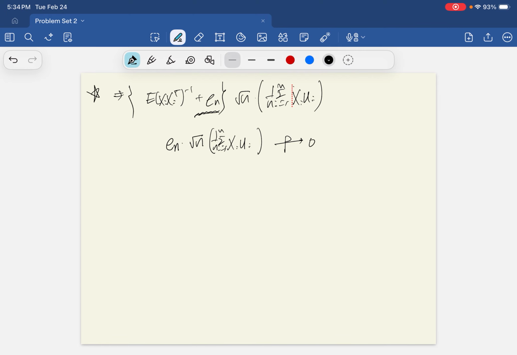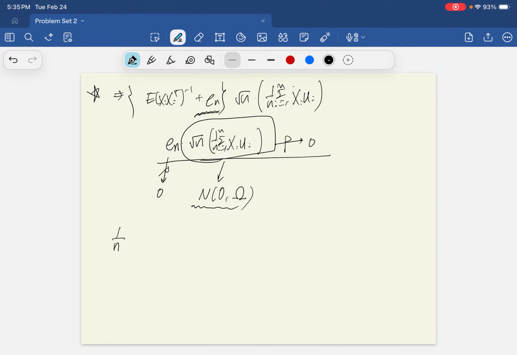That is true, because this much does not diverge. We know it goes to 0, and we know it is going to a normal distribution. If it diverged, for example, we know 1 over n converges to 0, but when you multiply 1 over n by, say, n squared, it goes to infinity. It does not go to 0.